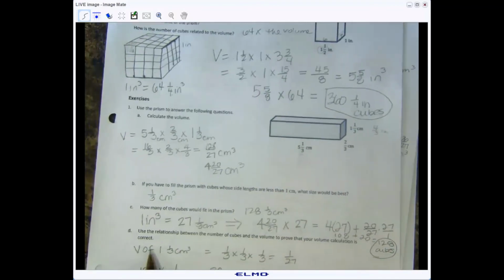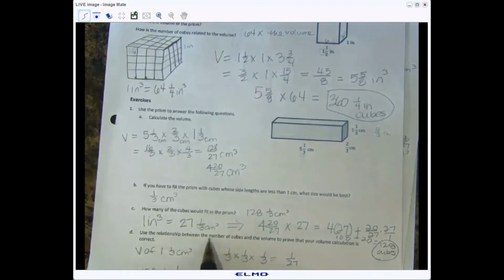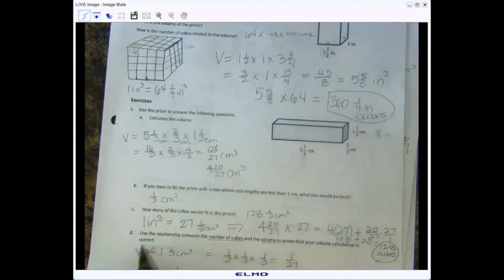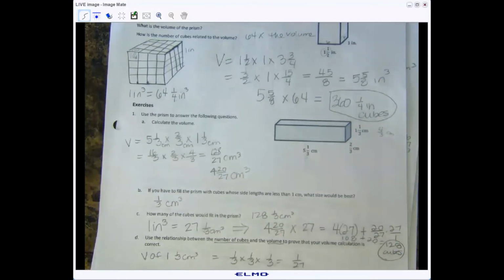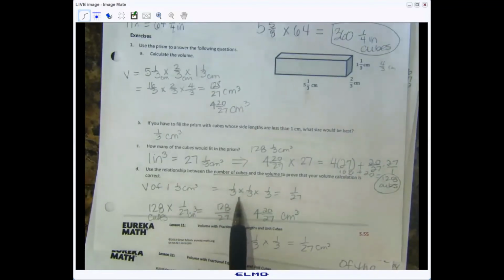Okay, now this one says use the relationship between the number of cubes and the volume to prove that your volume calculation is correct. So they just want us to take the number of cubes, which is 128. Now the volume of the tiny cubes, the 1/3 by 1/3 by 1/3, is 1/27.